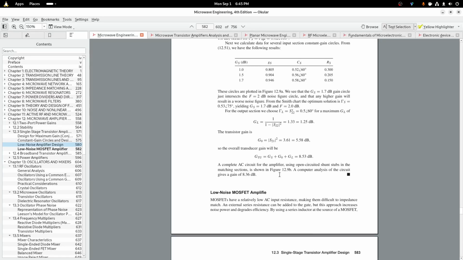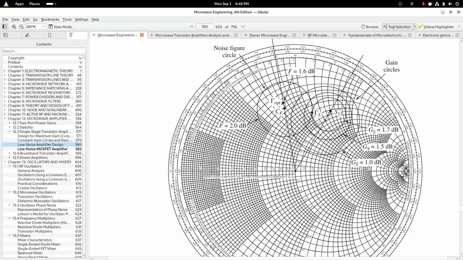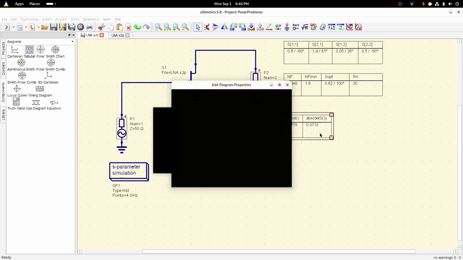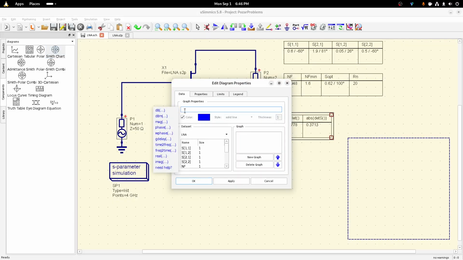Let's not worry about that. And here, okay, so we want to do the noise figure circle at 2 dB and 1.6. So get our Smith chart out here. I'm trying to remember. Is it noise circle?